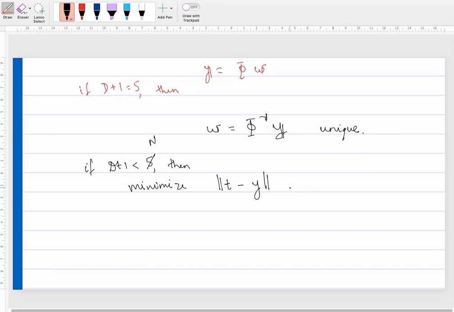Yes, depending on the value of capital D. If my capital D is very small, my error will still be very large. Even the best error will be very large. If I increase my model size, if I increase my capital D, then I can estimate better and better until I reach capital N, when I will be able to estimate perfectly, right? What happens beyond that is a different story. I will tell you a little later.